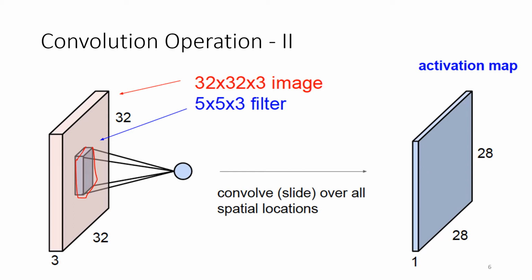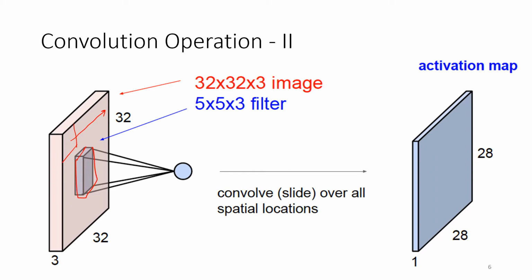You start from one part of the image, move the filter, and at each point calculate the dot product between the filter parameters and the image pixels. At each point, the filter parameters are the same. You're just moving this kernel over different parts of your image. So we convolve or slide this filter over all spatial locations.